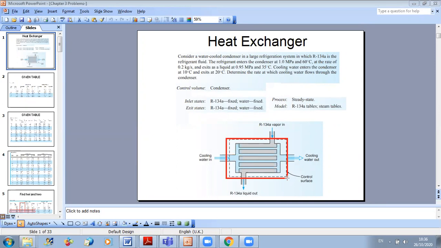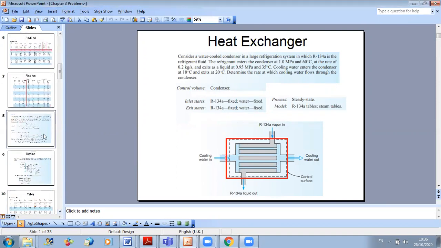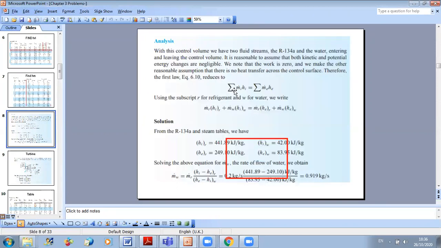But when you take both, one is giving Q and one is taking Q. Plus Q minus Q will cancel each other. So the first law of thermodynamics for this heat exchanger can be simply written as follows: sum of m dot inlet h inlet equals sum of m dot outlet h outlet.